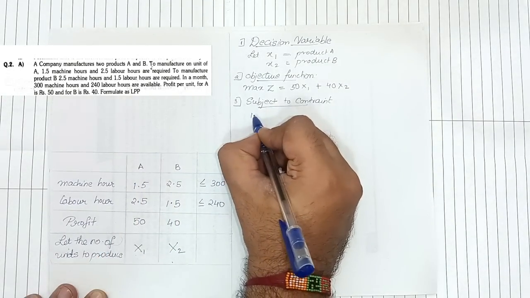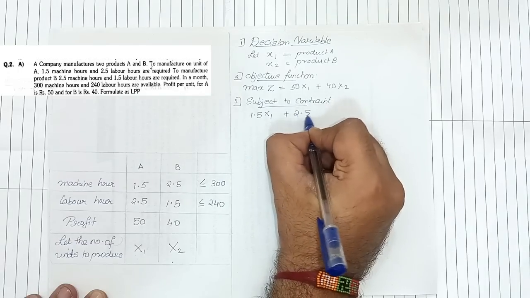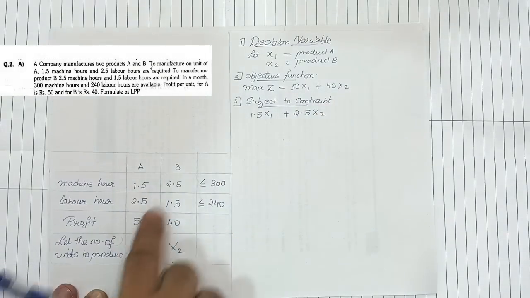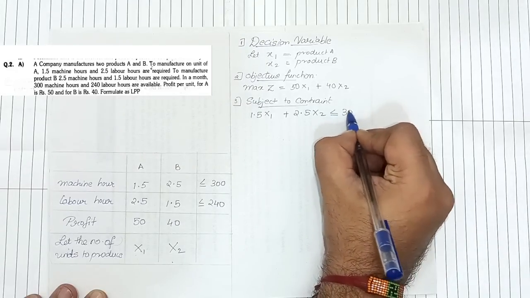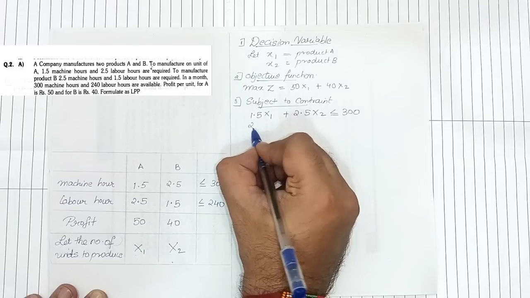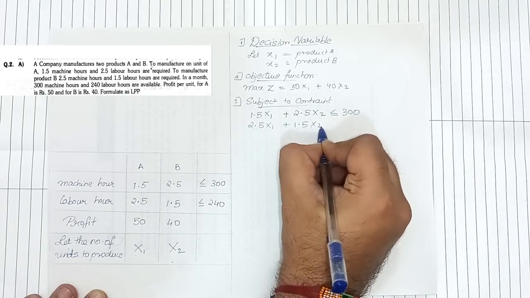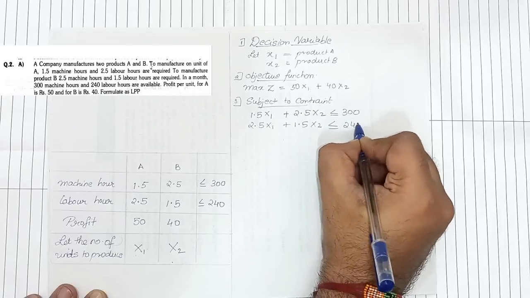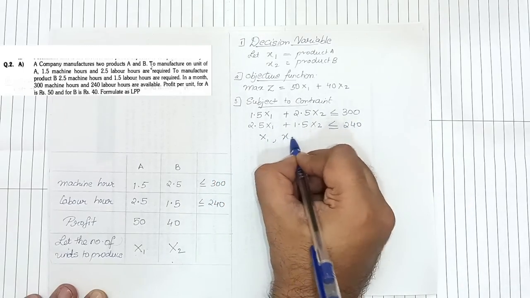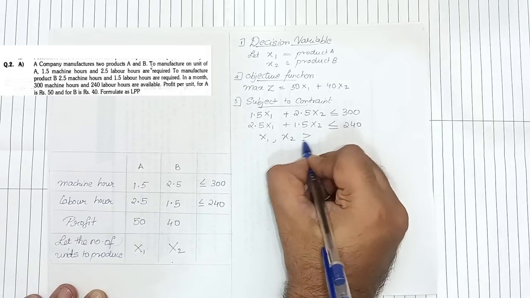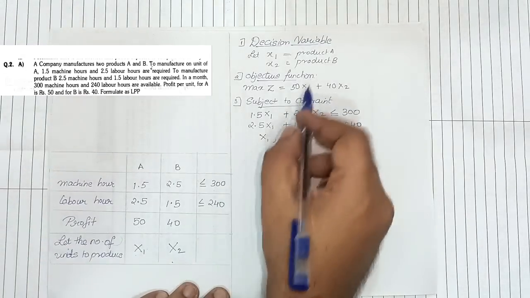So it will be 1.5 x1 plus 2.5 x2 is less than equal to 300 as our first equation. 2.5 x1 plus 1.5 x2 is less than equal to 240 is the second. And we have to sum up stating that x1 and x2 will always be greater than or equal to 0. They can't be negative. Okay, so this is the basic ideology.